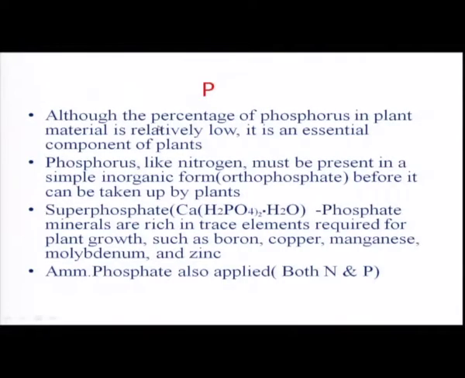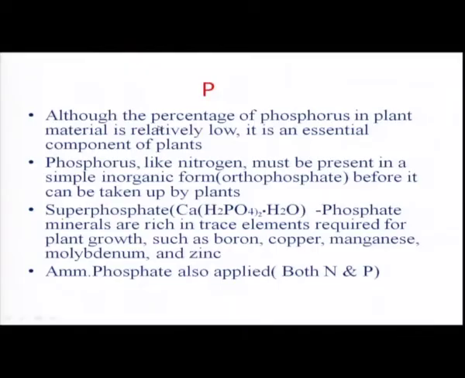The other element required is phosphorus, which is also required for plant growth. Although the percentage of phosphorus in plant material is relatively low, it is one of the essential components of plant materials for proper growth.